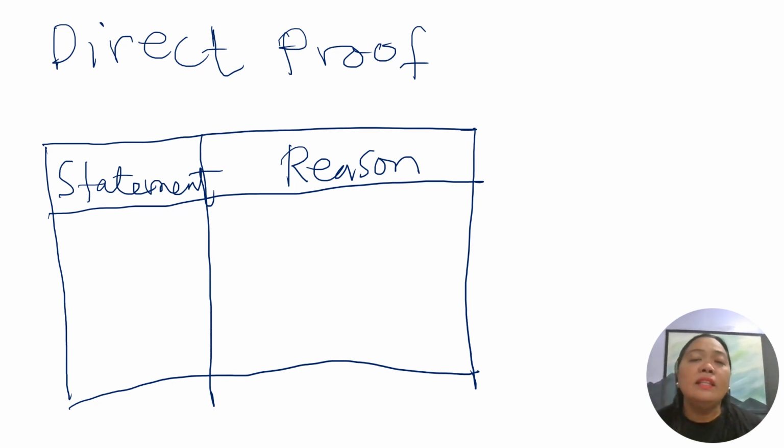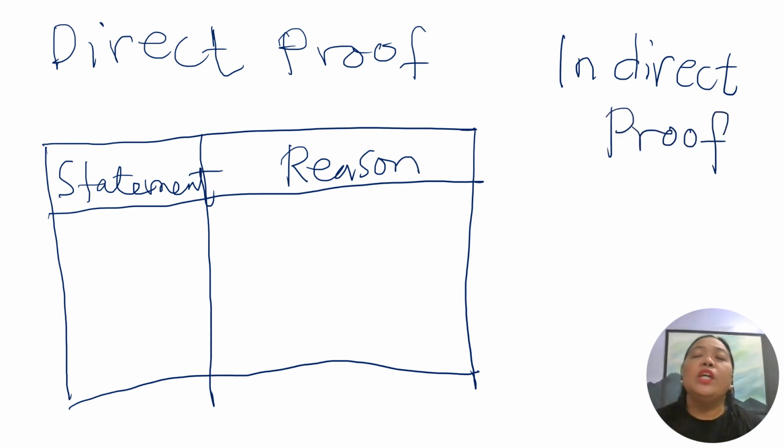While the other proof, which we call the indirect proof, it is indirect because you don't need this two-column proof. You can directly write your statement followed by the reason. Whatever your statement is, it must have a valid reason also.